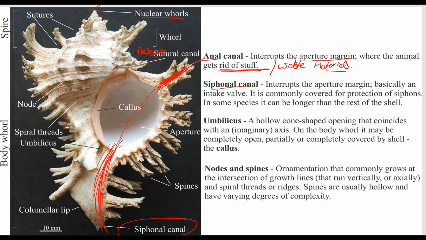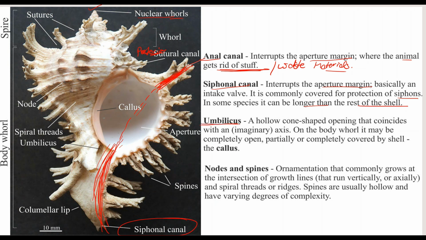The siphonal canal interrupts the aperture margin and carries the intake valves. It is commonly covered for the protection of the siphon, and in some species it can be longer than the rest of the shell. This will vary; many times you will see a very short siphonal canal, sometimes it is quite longer than the whole shell.